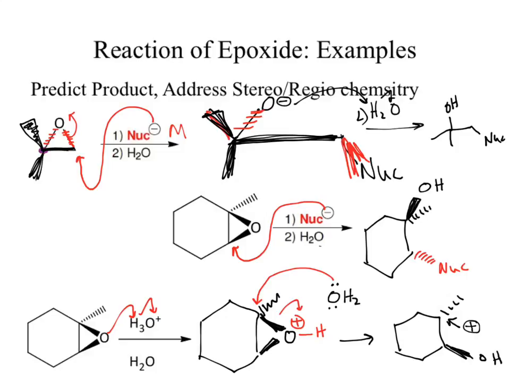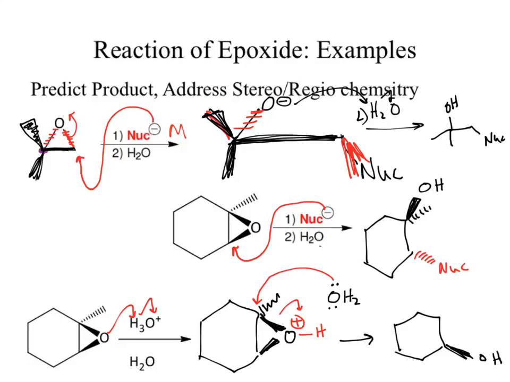Is it going to attack from the back side, front side? Back. Still backside. That bond does not break before this attack occurs. Okay? That's just not stable enough to break open on its own. So what water will do is come in from the back side just as before, our nucleophile, and break that carbon-oxygen bond.